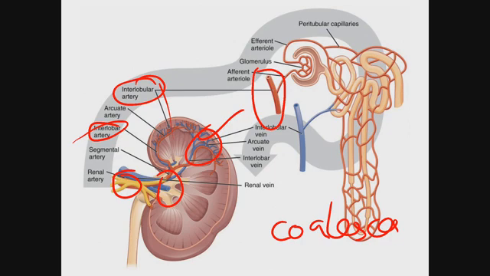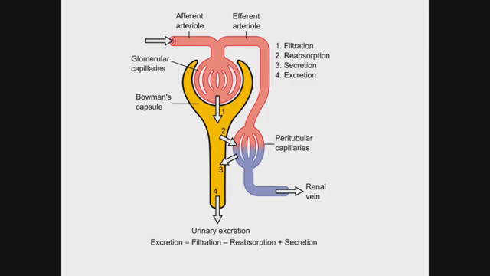So there is another capillary waiting ahead of the efferent arteriole. It's known as the peritubular capillary or vasa recta. This is where reabsorption takes place, and this is where filtration takes place. Let's not get too excited here. Let me give you a better diagram. Now this is the afferent arteriole.